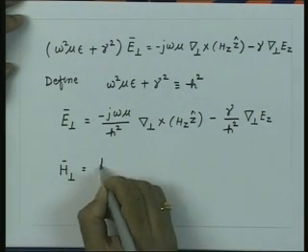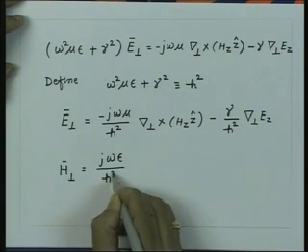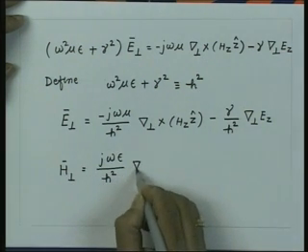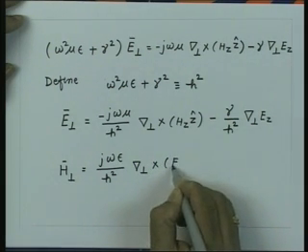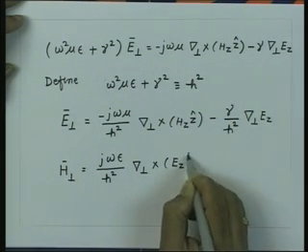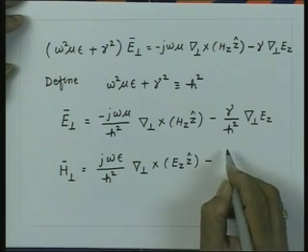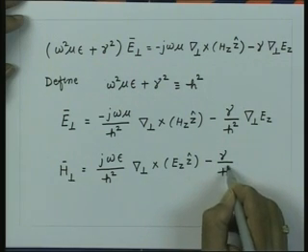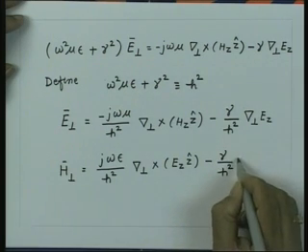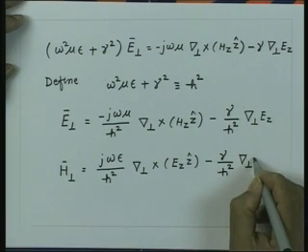We get j omega epsilon divided by h square del transverse cross Ez z, minus gamma upon h square del transverse Hz.